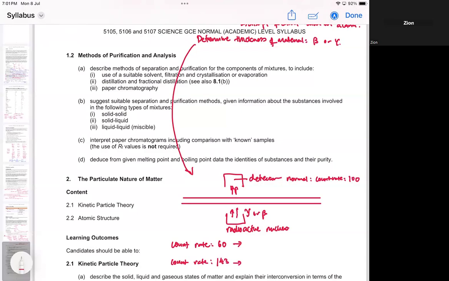Remember, the radiation is passing through the material. So if your count rate suddenly drops to 60, what does it tell you about the thickness? Is the piece of material being tested too thick or too thin if you register 60?